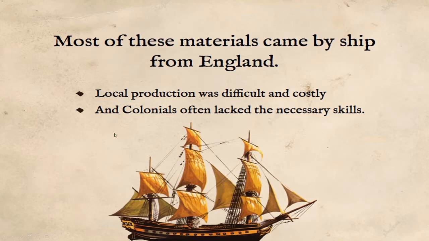So a lot of the materials that we used in the colonial days had to be imported from other places, mainly from England, because we were by that point an all English colony, even though we started with various other countries, like New York was a Dutch colony, and Louisiana was a French colony, and stuff like that. And so a lot of stuff had to be imported at the time in order for us to use.